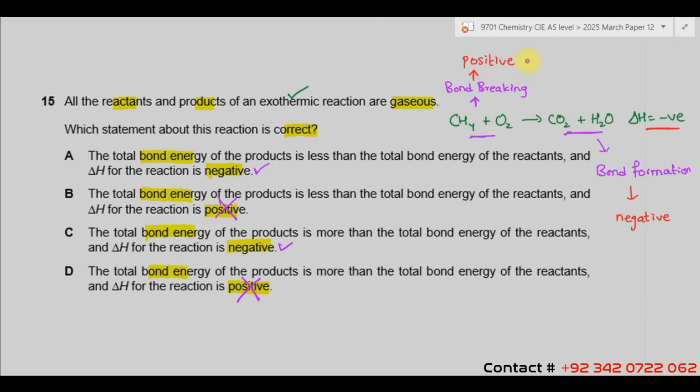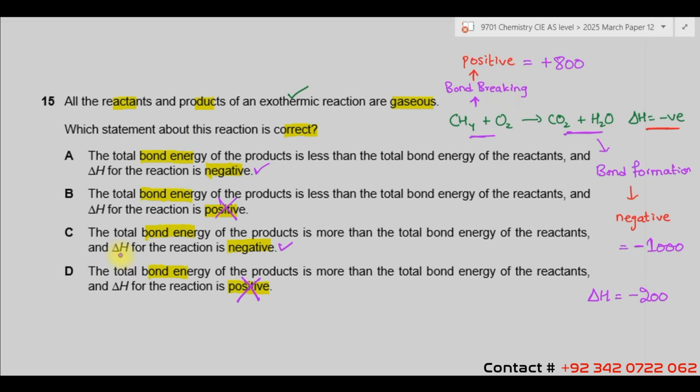So let's suppose we have a positive value of 800 and a negative value of 1000. Now we can sum up these two and the end result will be minus 200. So that's only possible if bond formation is more than bond breaking.